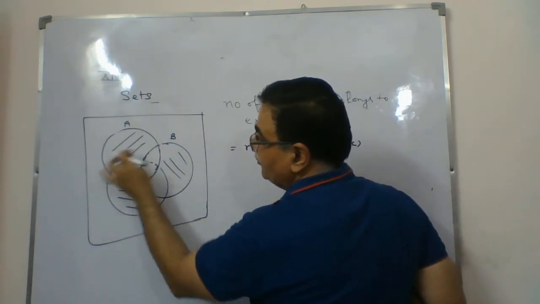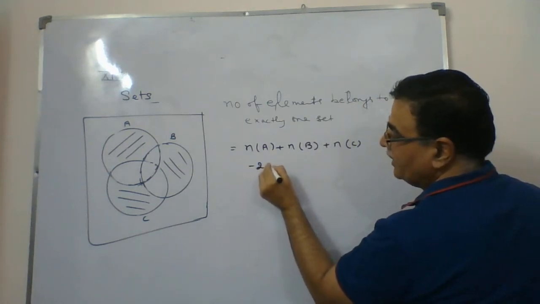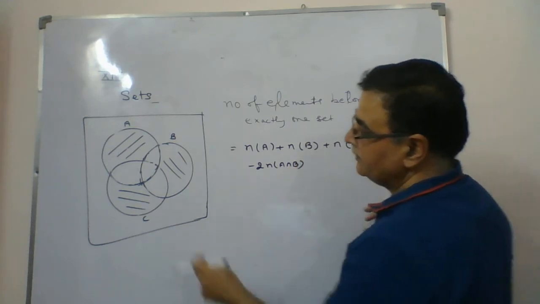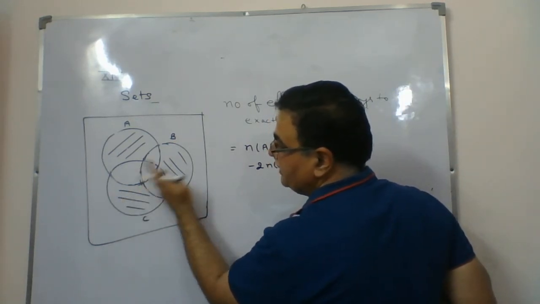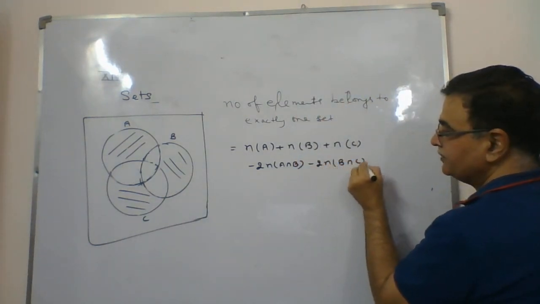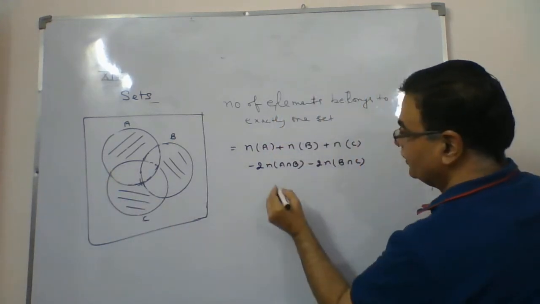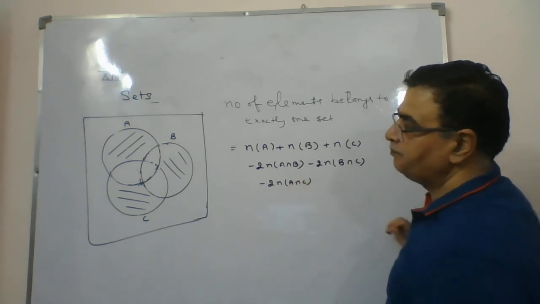It came in A also, it came in B also. So we should subtract it, minus 2 times N(A intersection B). Same way, this portion is B intersection C, which will come in B and C also twice. So minus 2N(B intersection C). This you also got in A and C, so it will come out to be minus 2 times N(A intersection C).